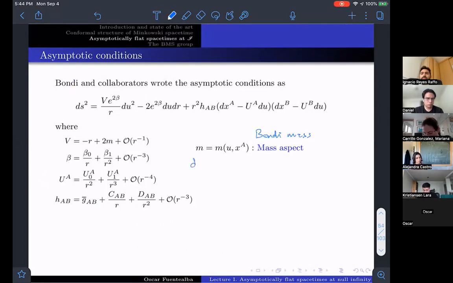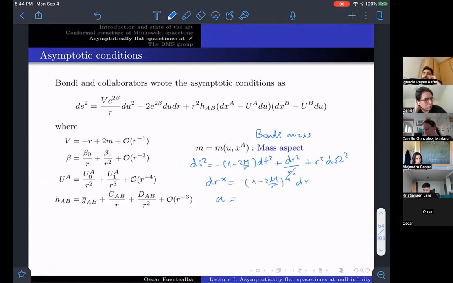is that if, for instance, we take the Schwarzschild metric in the usual coordinates, and we use this chart of coordinates, and we define the retarded time with this chart of coordinates, we obtain the metric in Bondi future null coordinates.